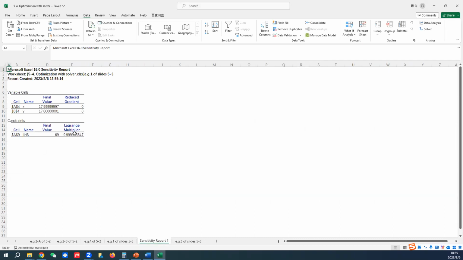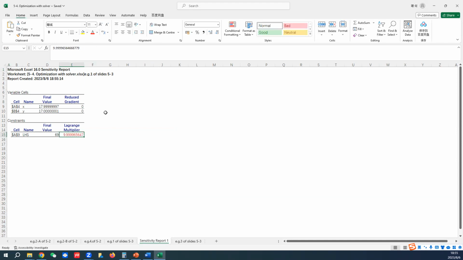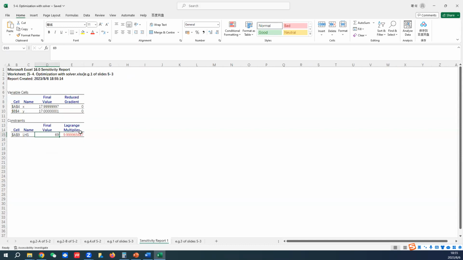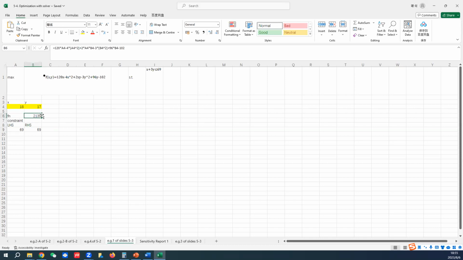So what is the use of that? The sensitivity report reports the value of the Lagrange multiplier, which is lambda, and here lambda equals 10. The final value is the value of the constraint, which is 96, and the value of the function is 2139.